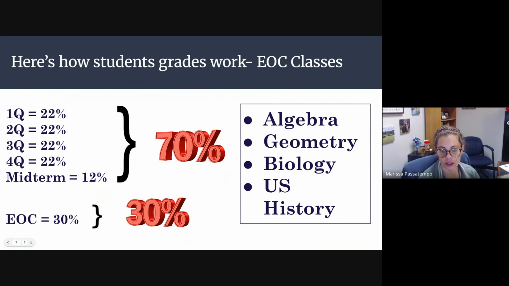Then they'll take their midterm, which is 12% of their grade. At the very end of the year, they're going to sit for their end of the year course exam, and that's going to equate to 30% of their grade. All of this calculated together will bring them their full year grade. This is not broken down in semesters like non-EOC classes. This is a full year graded class.